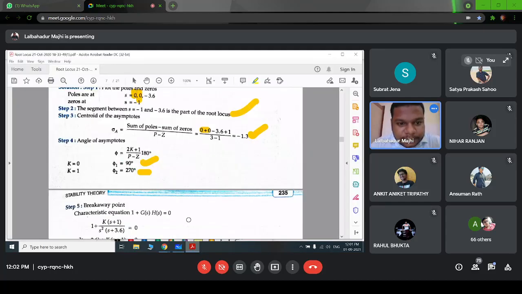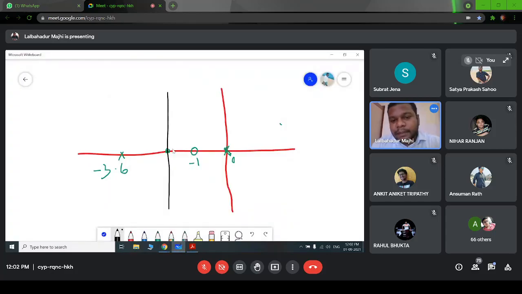Then we know our root locus will start from open loop poles, and it will terminate on open loop zeros. So as we know, this path will lie on the root locus.